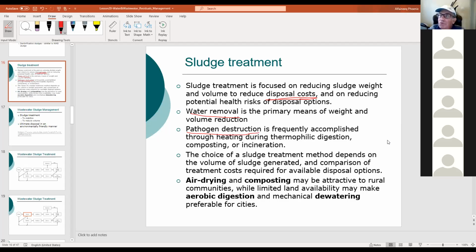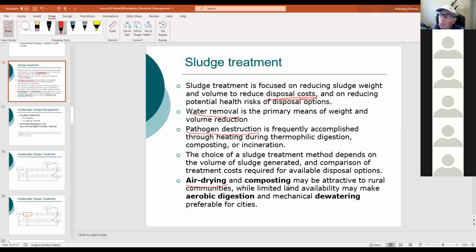There are many methods to do that. It depends on the volume produced and what's in it. Where is the water or wastewater treatment plant? If it's a rural one, in the countryside, that means you have open space. You have land, so you can use just air drying.